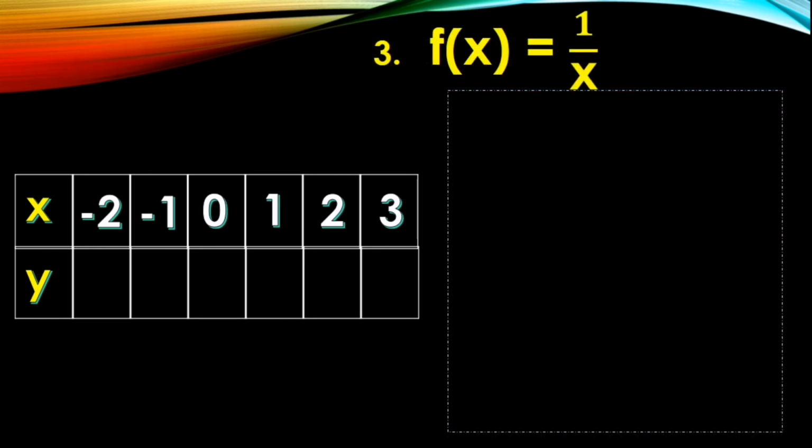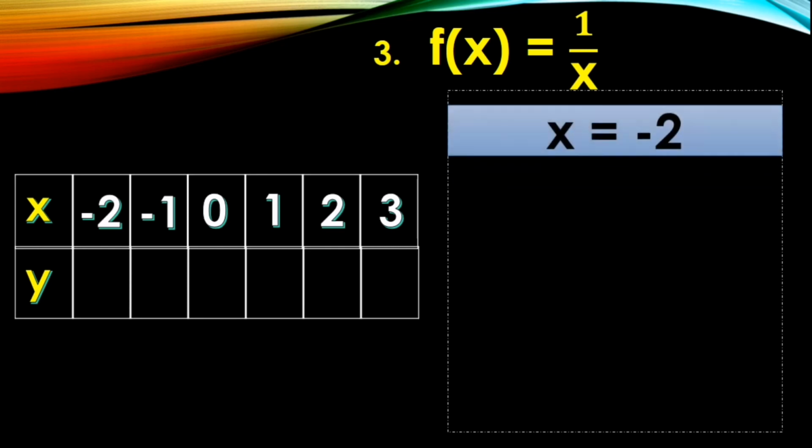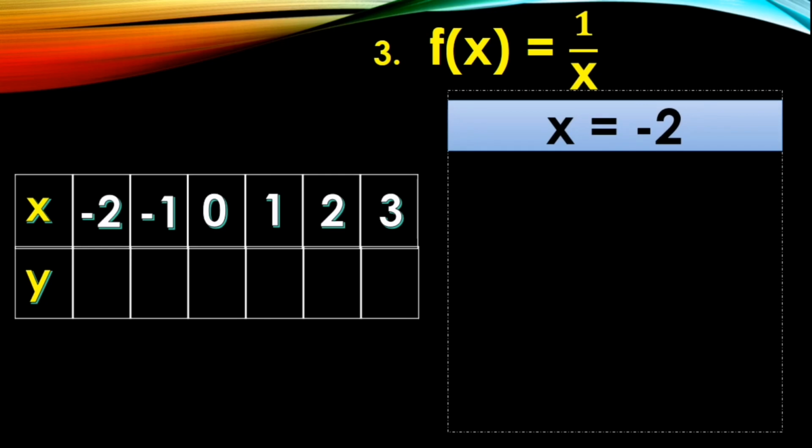Number 3, f of x is equal to 1 divided by x. So we have here the values of x, which range from negative 2 to positive 3. So we have the x values negative 2, negative 1, 0, 1, 2, 3. If x is equal to negative 2, then what will be the value of y?